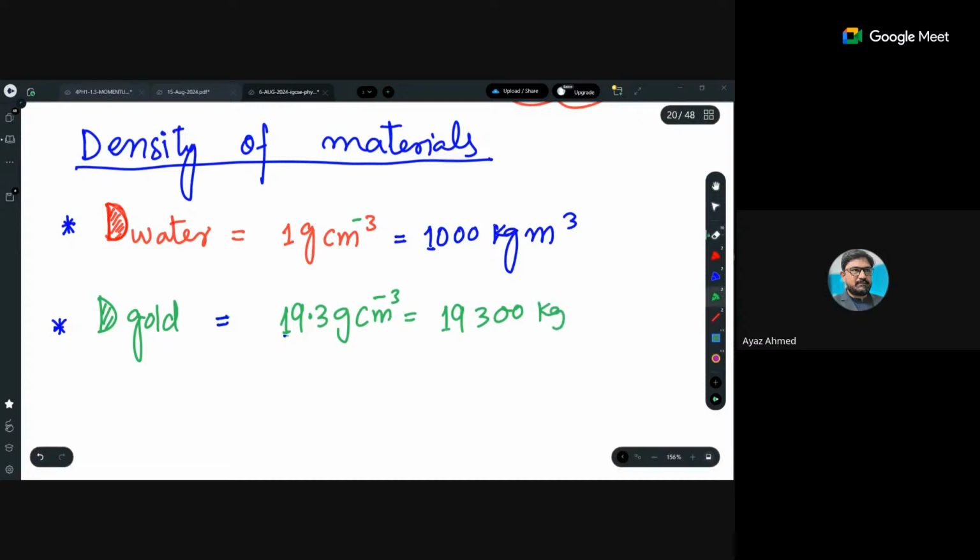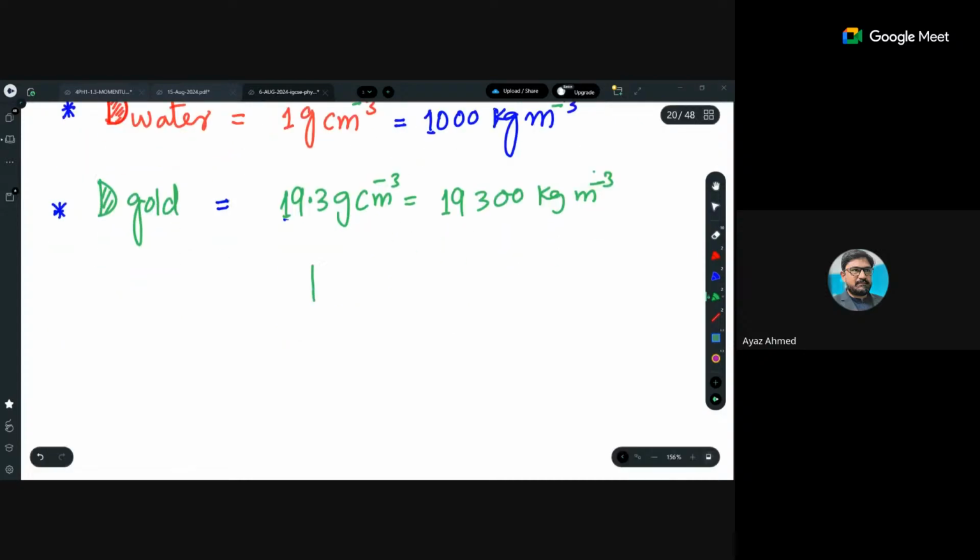These two values are very meaningful. You know why? If you get a small cube of gold, 1 centimeter cube of gold like this, how much mass should it have?